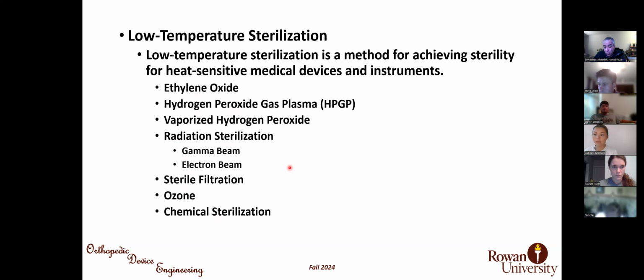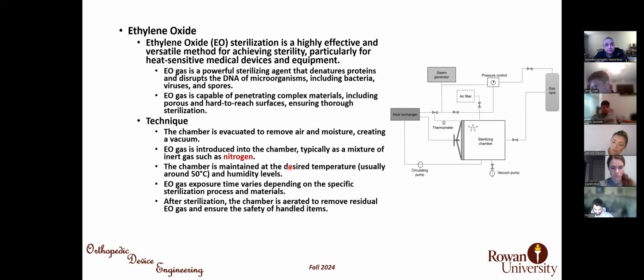These are more effective and more expensive, and as I said, currently the choice is low temperature sterilization. Ethylene oxide is a gas that can kill all the organisms by damaging the DNA and proteins.